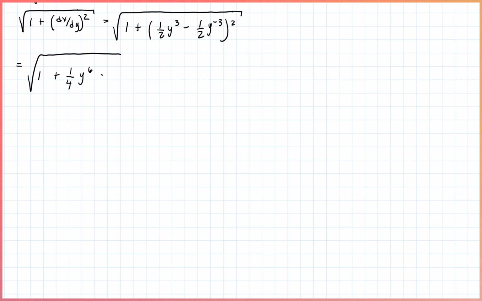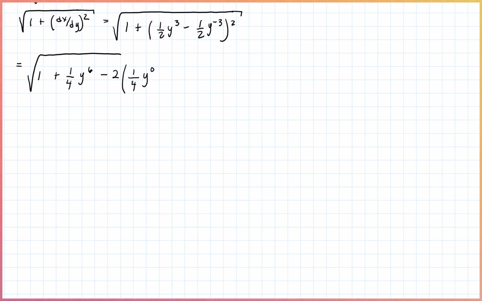I get minus 2 times, now I'm going to multiply those two things together, so it's 1/4 y to the, when I multiply, the middle term is twice the product of the two, if you think of this as being a perfect square, like a plus b squared. So I'm multiplying those two together and then doubling it so that I'm using that formula right there. I'm verbally saying it, but I'll write that out there too.